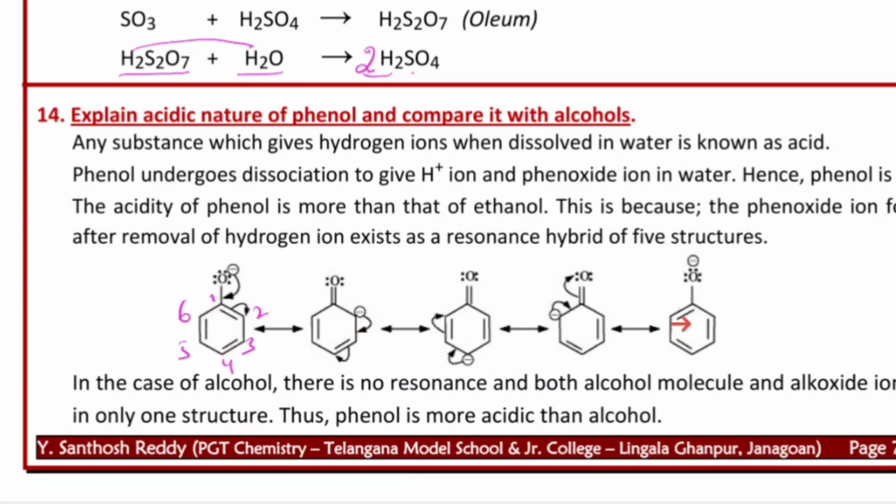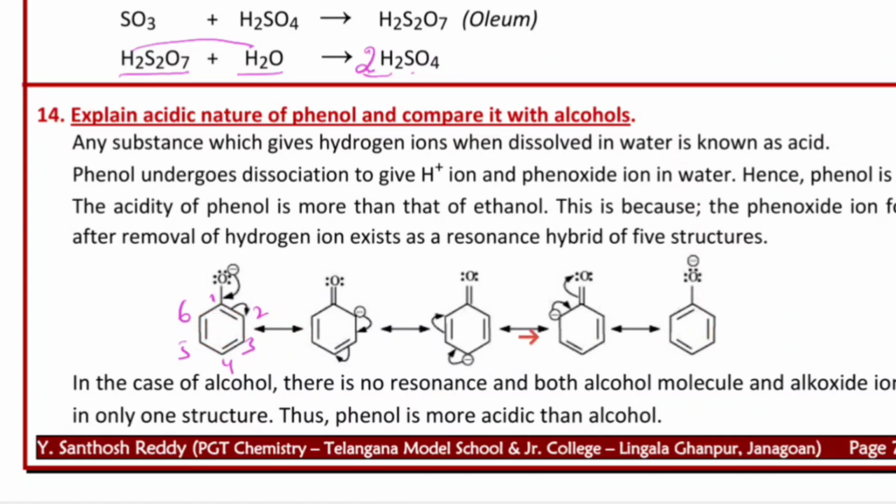So that means these electron pairs, that is pi electrons, are moving inside the ring, and after getting this final structure, which is not stable again, the same process will be reversed, and this phenoxide molecule will be converted to this form, and this form is converted to this and this, and again we will get the first form. Again this first form shows different resonance structures.